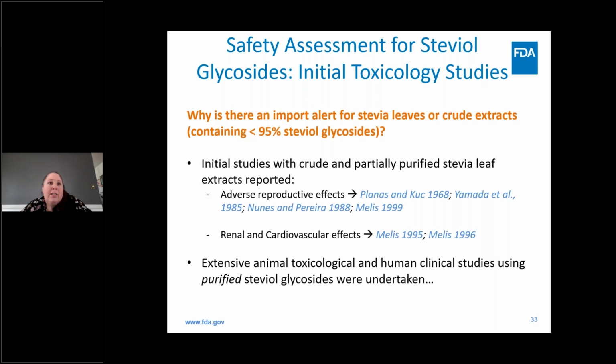And so in response, scientists decided to undertake rather extensive toxicological studies with the hope that more pure preparations of Steviol glycosides may result in fewer adverse effects. And so I'm going to present over the course of the next few slides some of this tox data that has resulted in successful GRAS notifications for specifically purified Steviol glycosides.